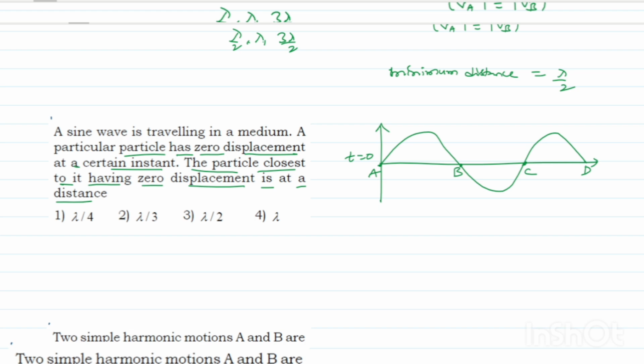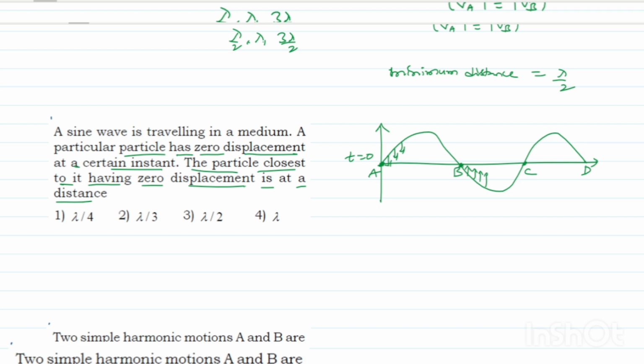A particle has zero displacement because it is starting from the mean position and moving down like this, and at B particle all the particles are trying to move like this. B particle also will be at zero displacement initially, and A particle also will be at zero displacement.